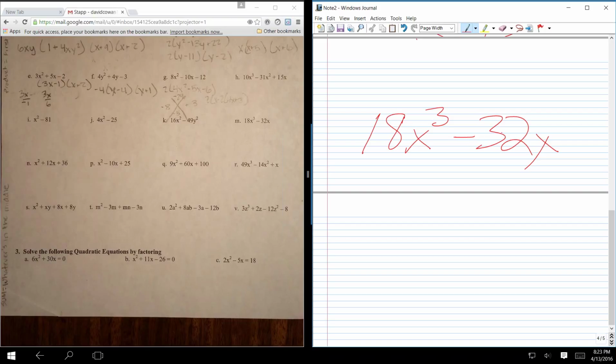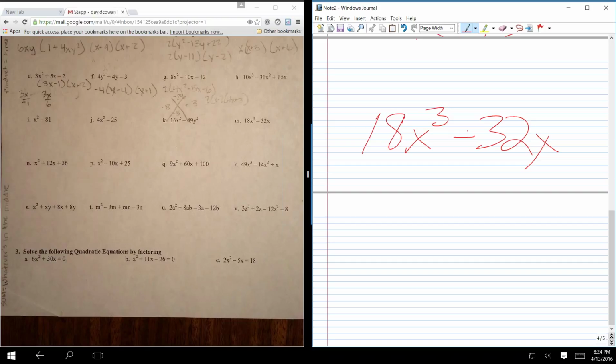What's the greatest common factor? For this one, it would be 9? 9 doesn't go into 32. What's the biggest number that divides into 18 and 32? 4 doesn't go into 18.